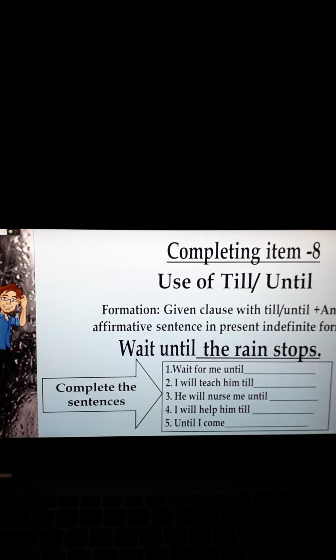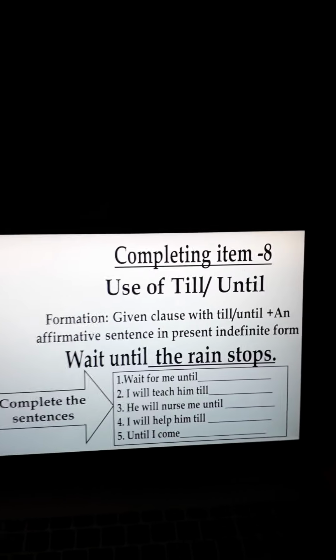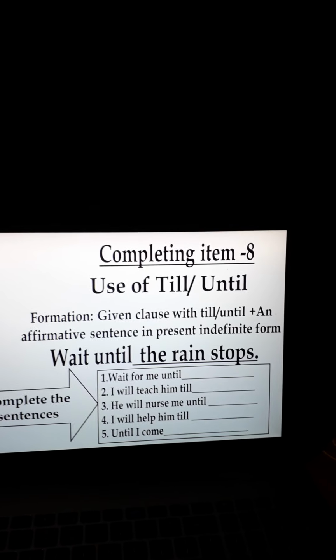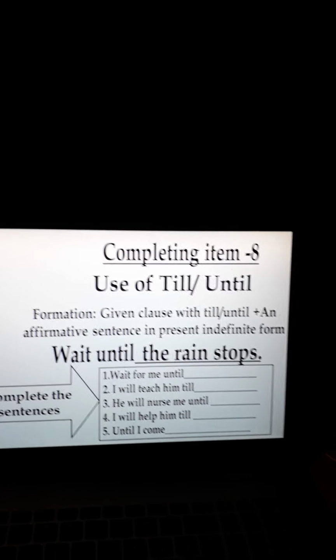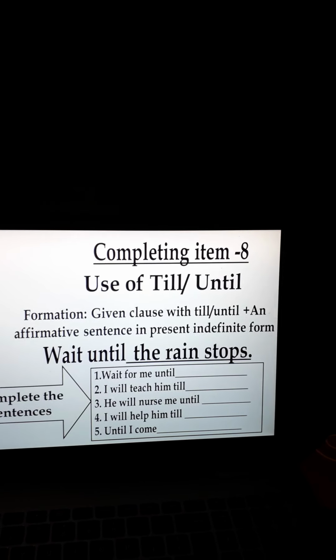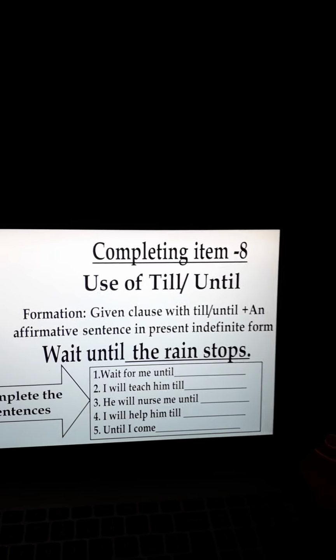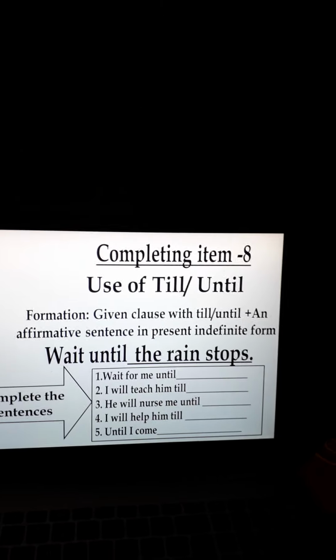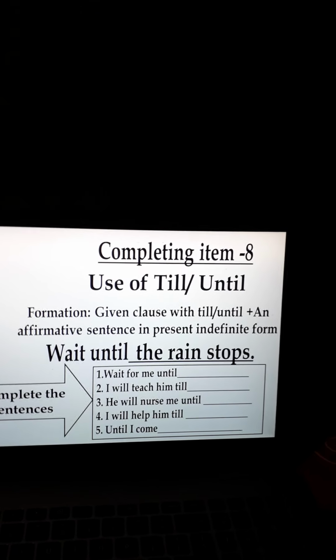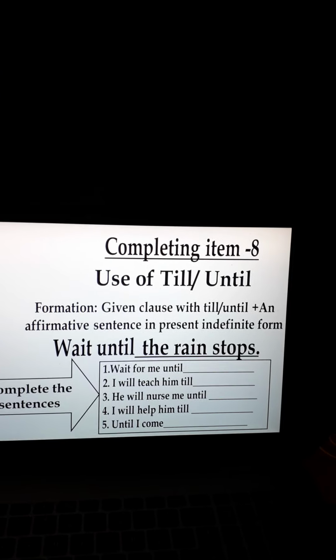Now complete the sentence. This is for your homework. Number 1, wait for me until dash. Number 2, I will teach him till dash. Number 3, he will nurse me until dash. Number 4, I will help him till dash. Number 5, until I come dash.